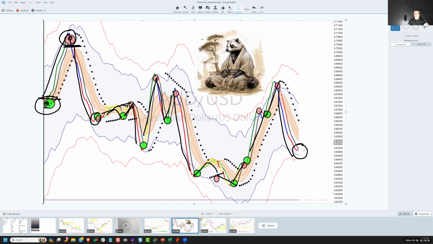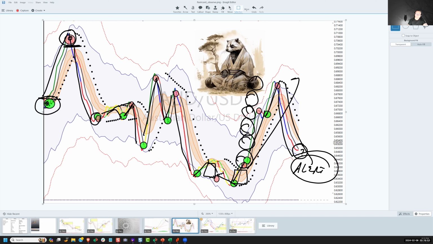And now, what is it getting ready to do? Alert. Do you think you could trade that, especially if the size of your risk box was the width of the PSAR box? That's 6R, that's 4R, that's 5R.